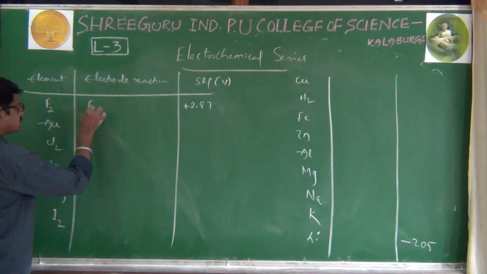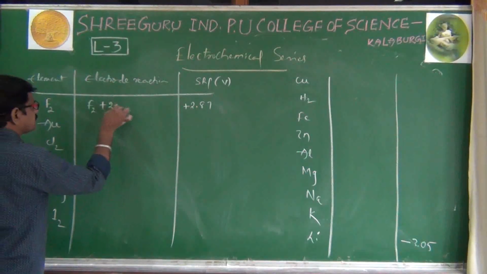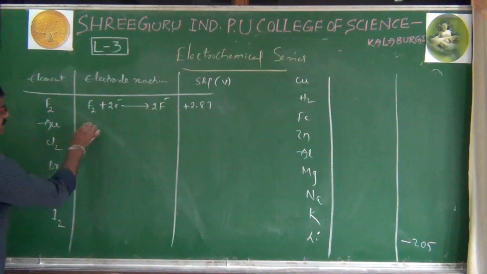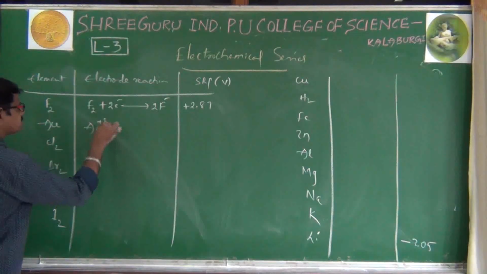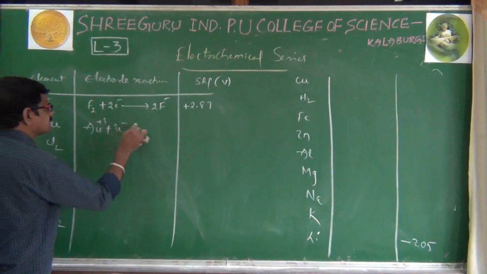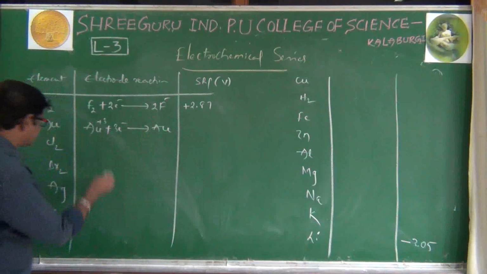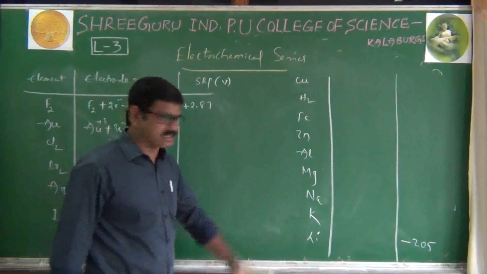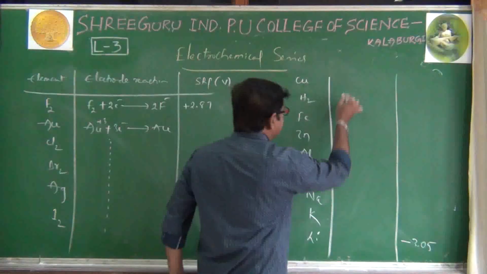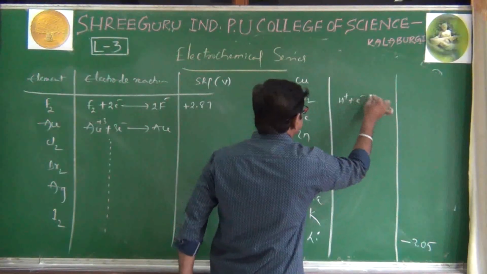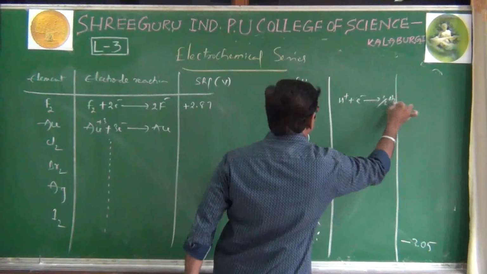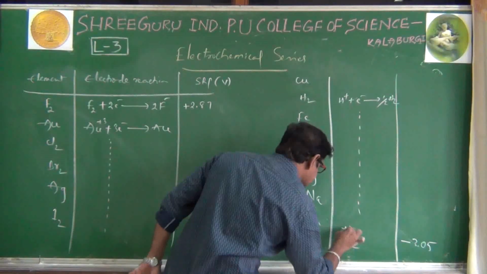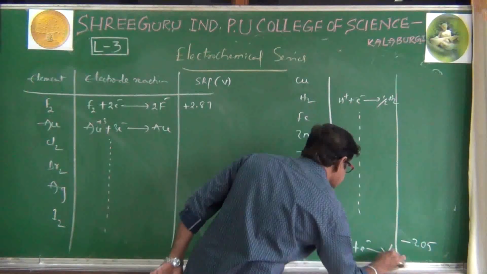Fluorine reduction reaction is like this: fluorine taking 2 electrons is converted to 2F minus. Similarly, gold, whose valence is 3, takes 3 electrons and converts to Au. Like that, all reduction reactions are used here, and even SHE: H plus takes electron and converts to H2, and so on. Finally, we write Li plus plus electron converted to lithium.